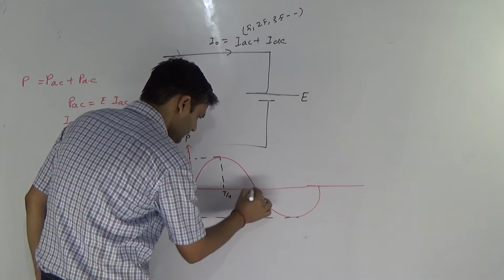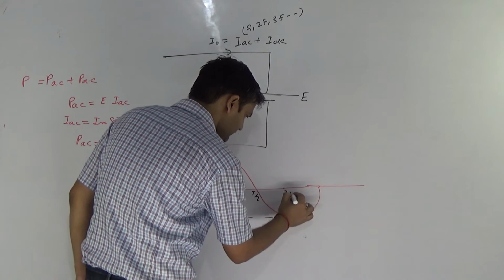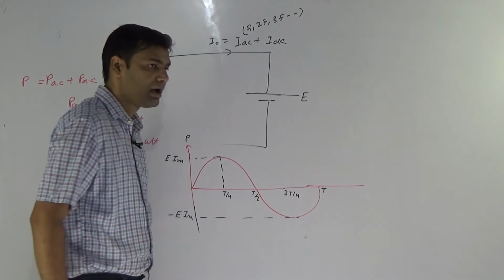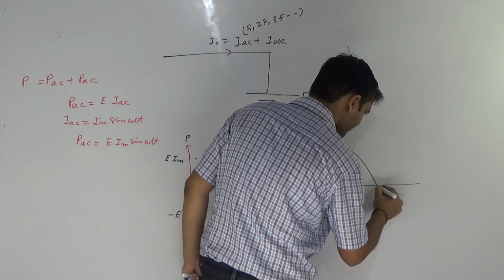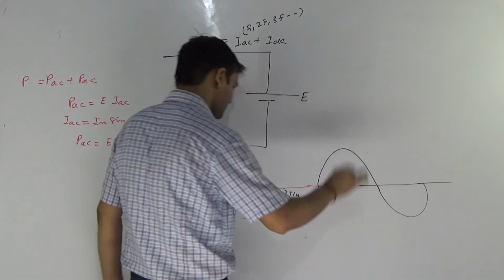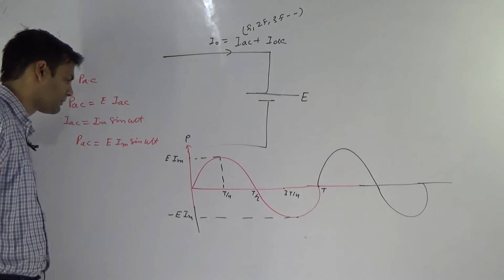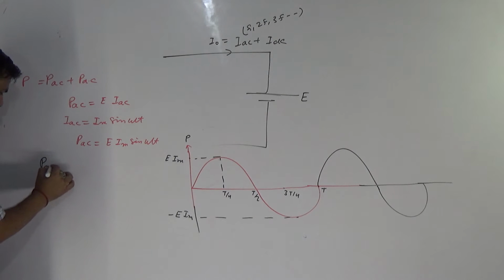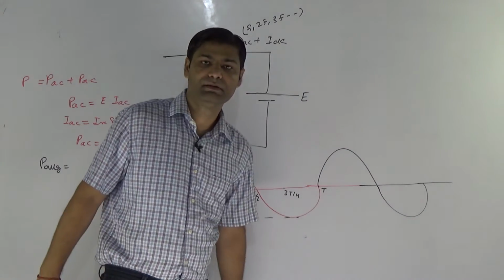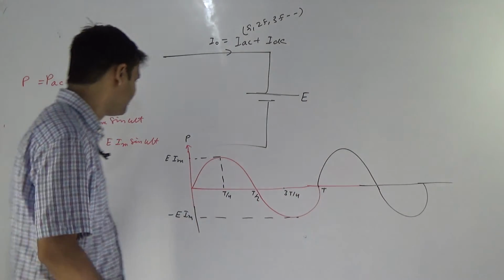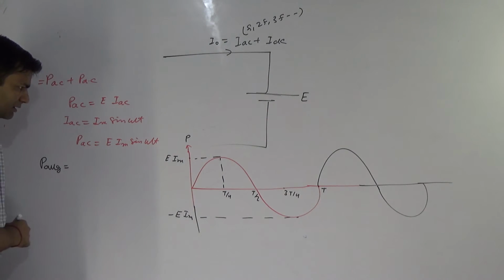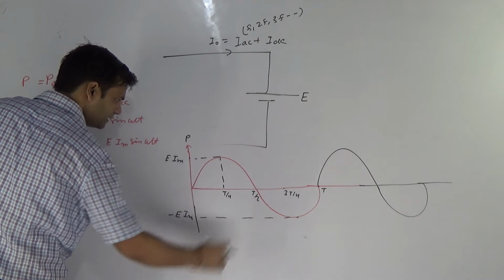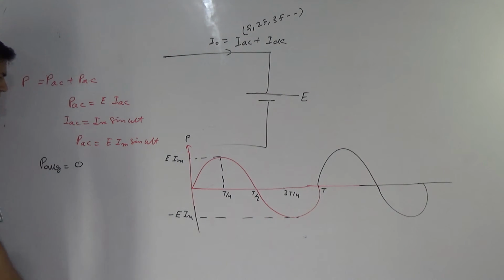This is T by 4, this is T by 2, 3T by 4, this is T. Average power means over one cycle, 0 to T. The positive part and the negative part cancel, that's why it is 0.